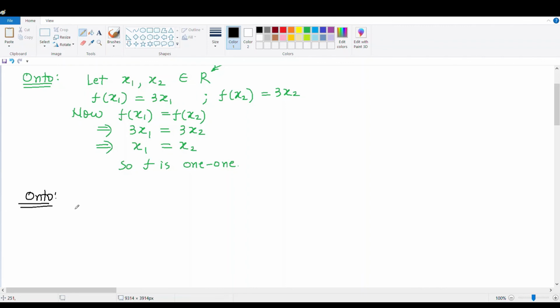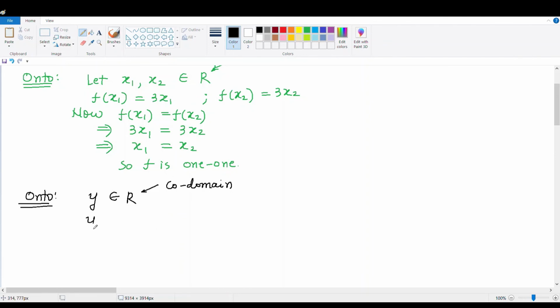So for onto you are going to take an element in your codomain, and since we are picking an element from the codomain, let's call it y, because that is our output. So we always take our output as y, right? So y belongs to R, in this case our codomain. So that function definition was 3x.